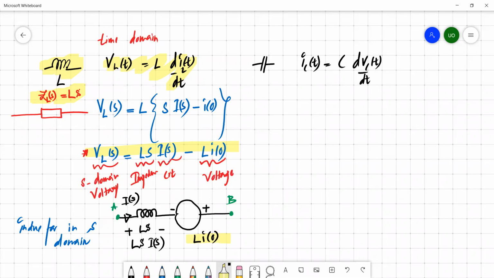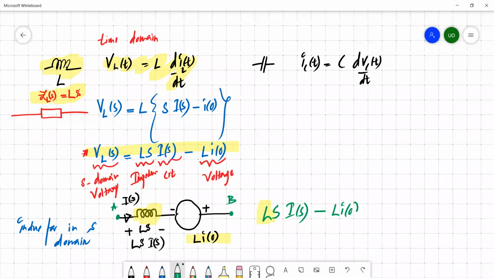So the entire voltage drop across A and B, which is the S domain inductor, is Ls times Is. This is the induced voltage drop across this element, and you have an additional DC source there.